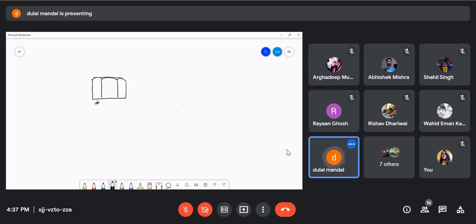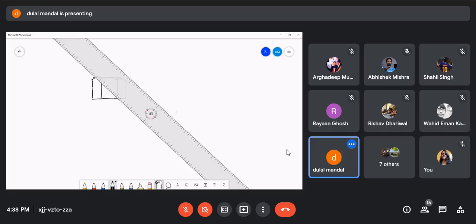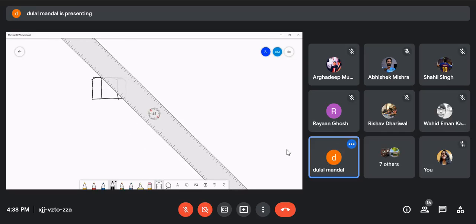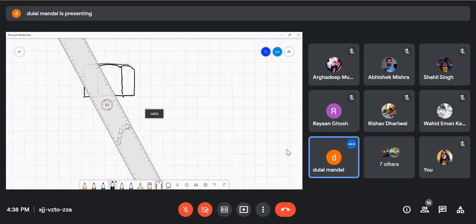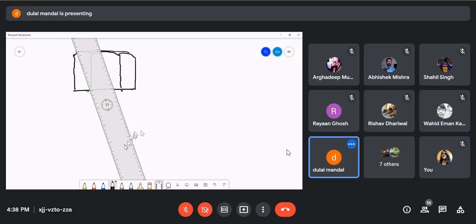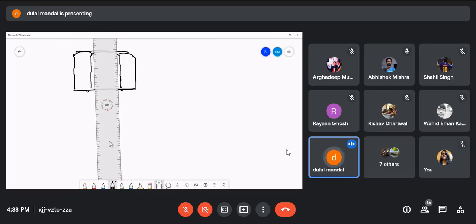This is the head of the bolt. Okay, I can use the scale. Just wait. Using a scale, it takes a lot of time.